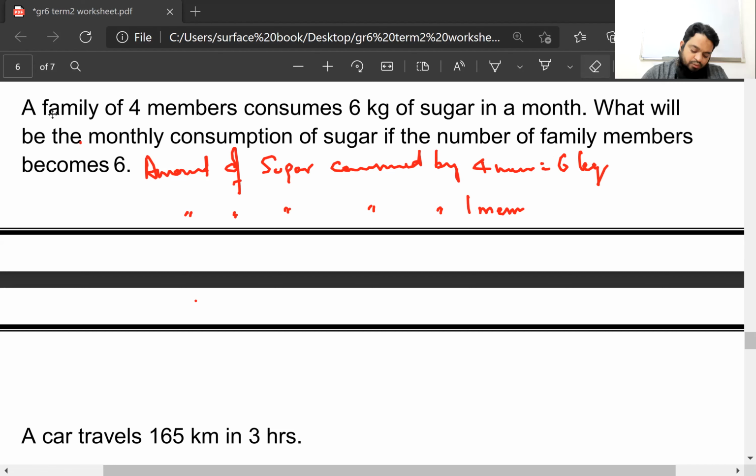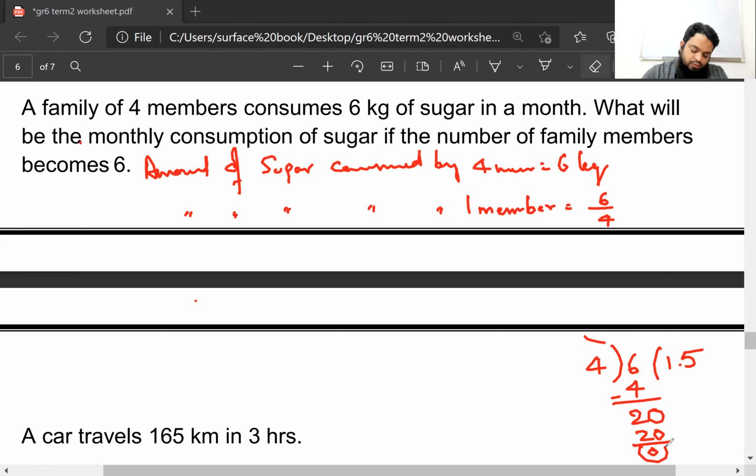What are you supposed to do? One member is equal to 6 divided by 4. And let us divide 6 with 4. 4 ones are 4. And remainder it is 2. 2 cannot be divided. So put 0 point, and 4 fives are 20.